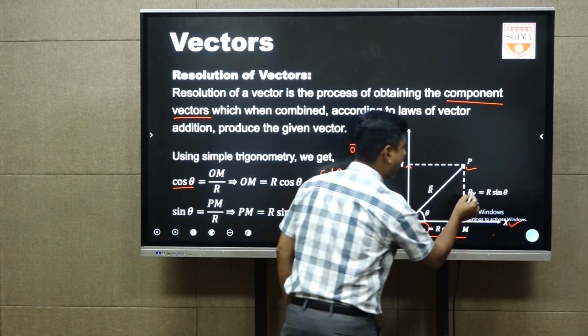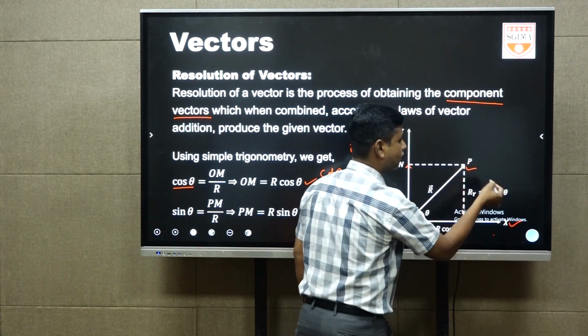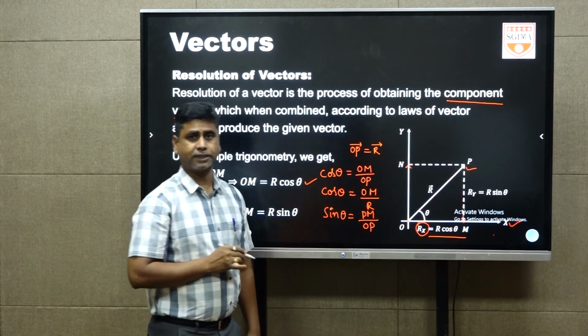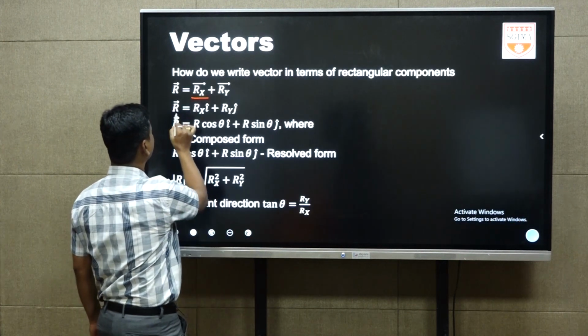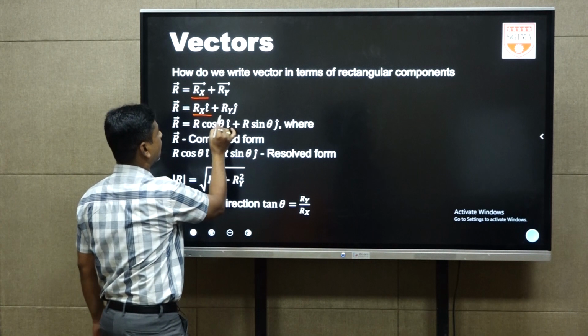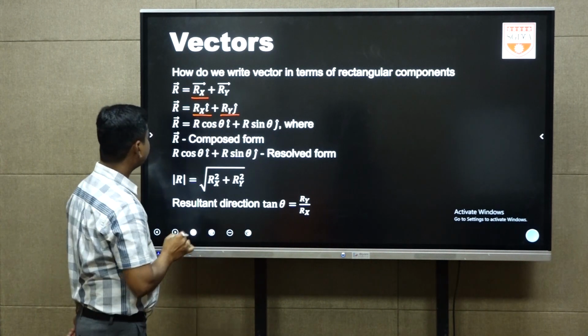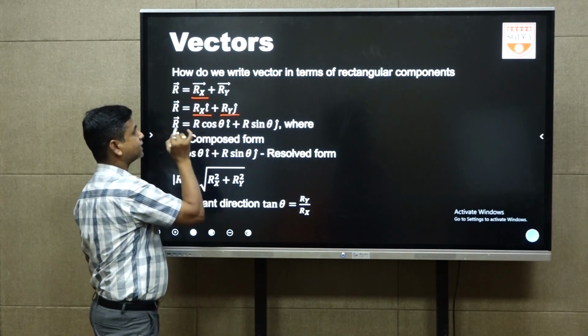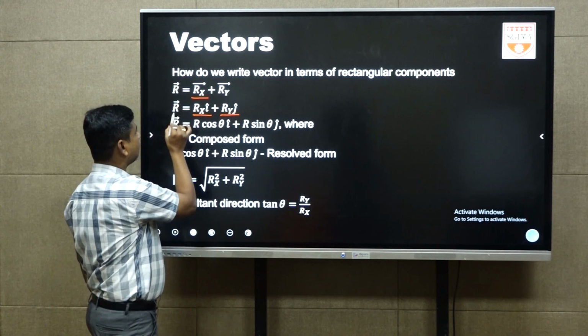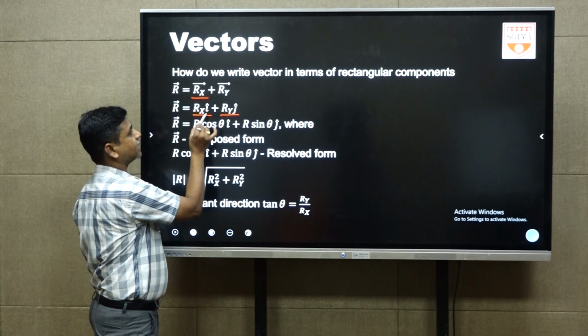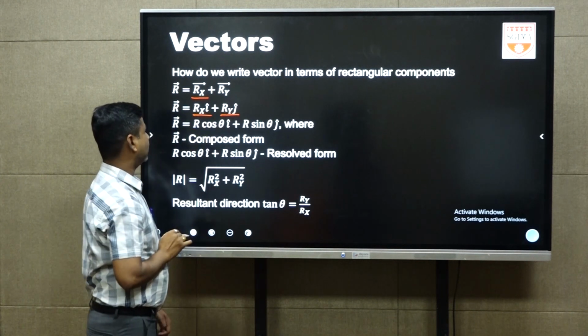Ry acting along the y-axis, that's why we take j cap. So there you write R bar equal to Rx i cap plus Ry j cap.